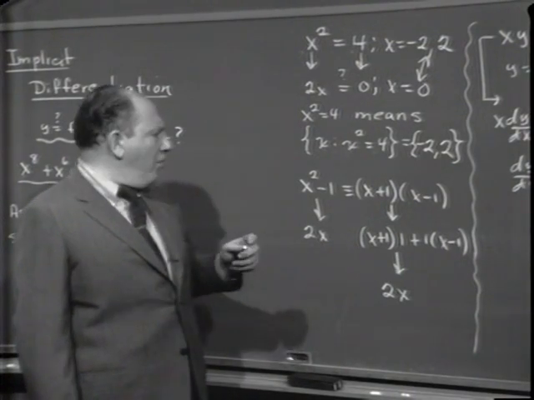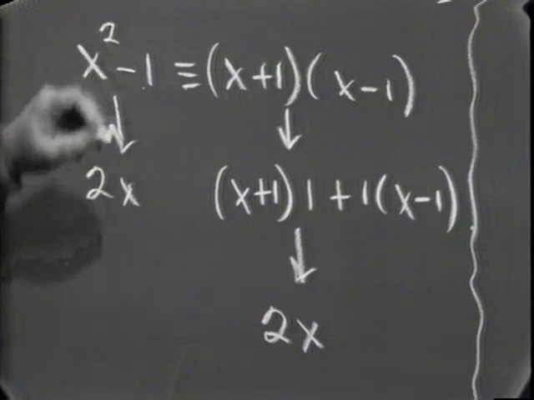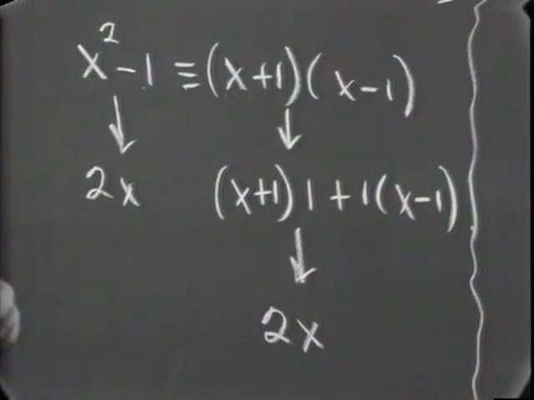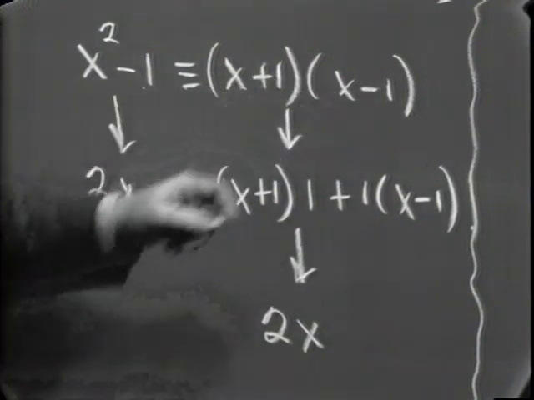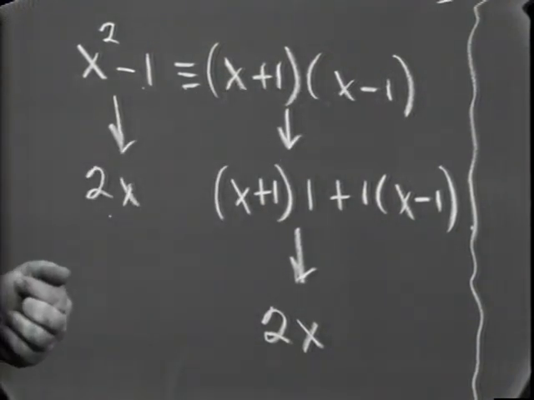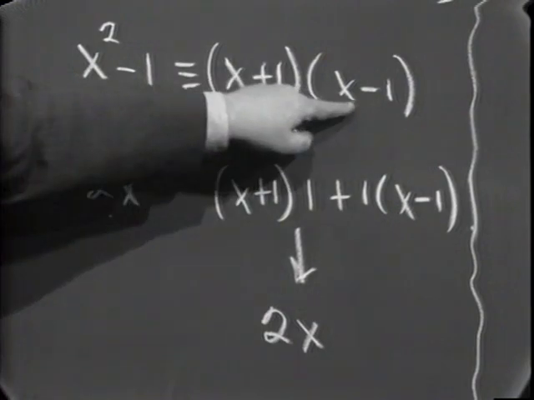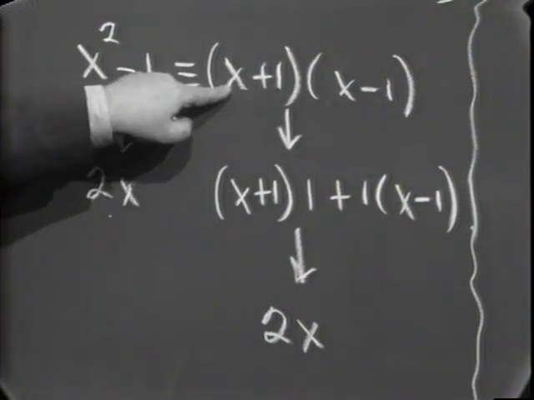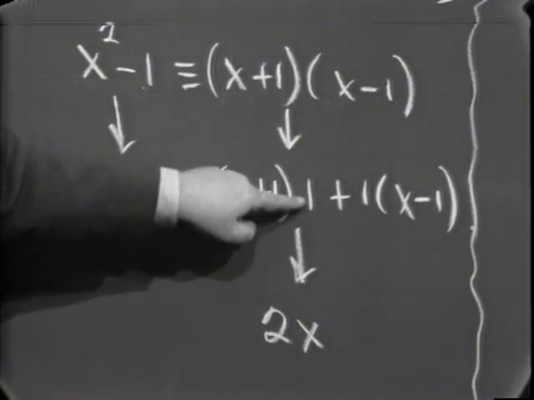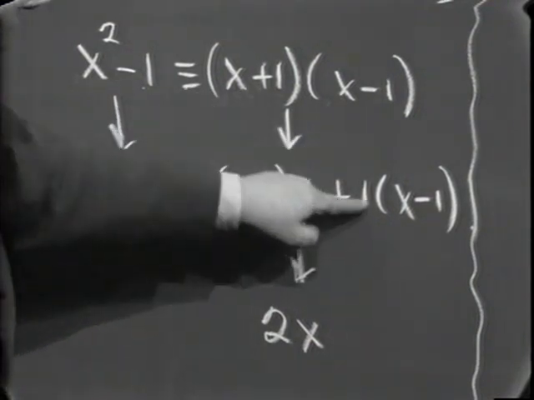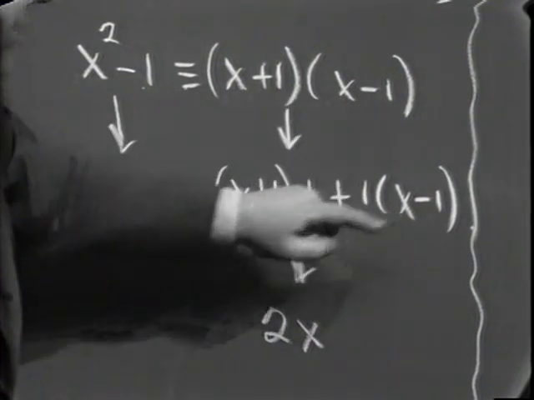Well, as a case in point, let's suppose now I take x squared minus 1 and I differentiate it. The result is 2x. On the other hand, if I take x plus 1 times x minus 1 and differentiate it, I get what? By use of the product rule, it's the first factor times the derivative of the second plus the derivative of the first factor times the second.